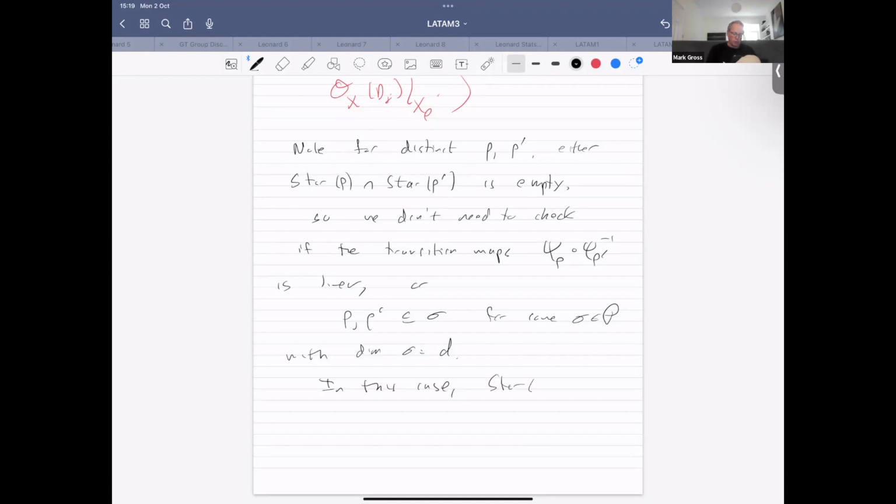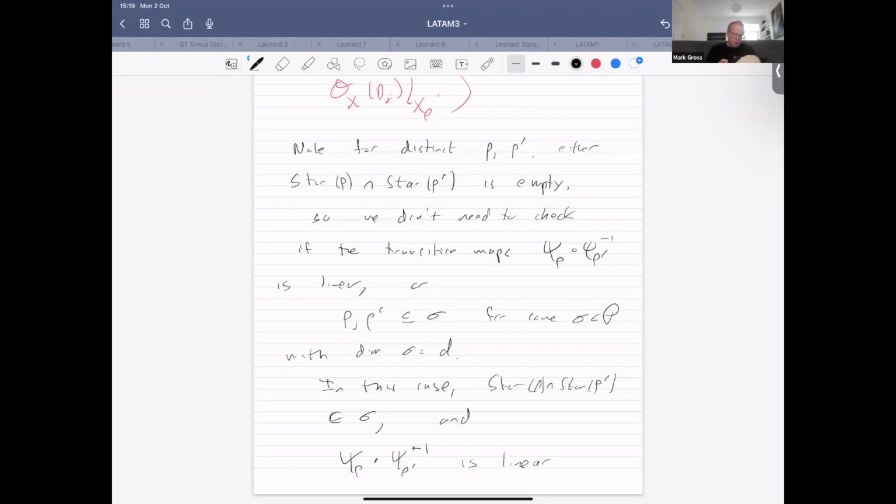star of rho intersect star of rho prime is just contained in sigma, and the transition map psi rho composed with psi rho prime inverse is just a linear map identifying sigma with two different cones.